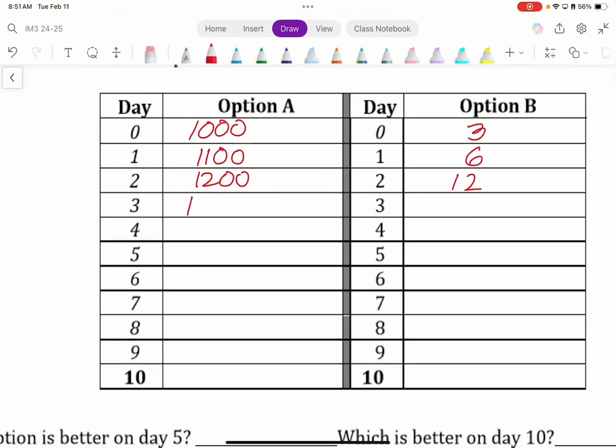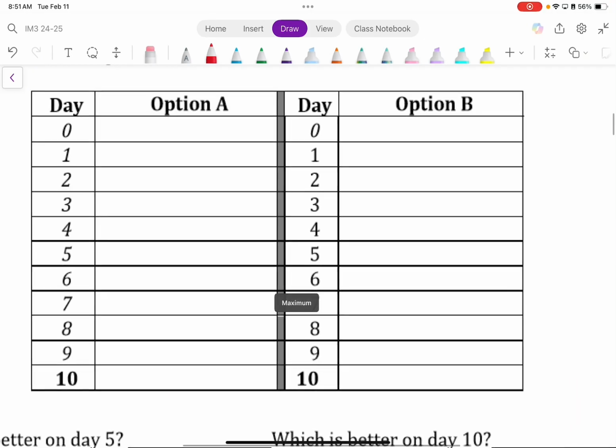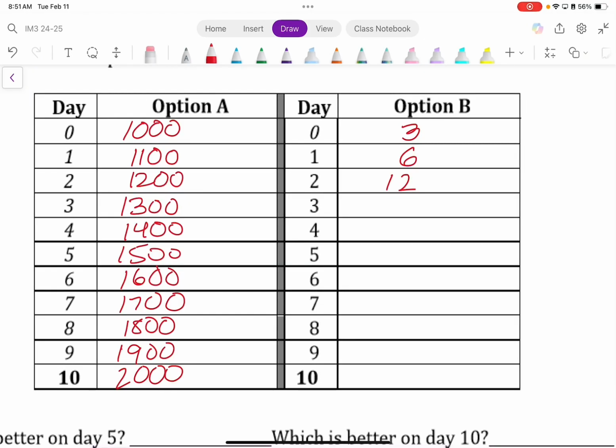So with option A, you are going to add $100 until you hit a cap of how much? 2,000. So over the course of 10 days, you're starting off with 1,000, going all the way to 2,000. So at the end of that 10th day, you would have $2,000 with option A. With option B, let's see what happens. We start out with 3, 6, 12, 24, 48, 96.